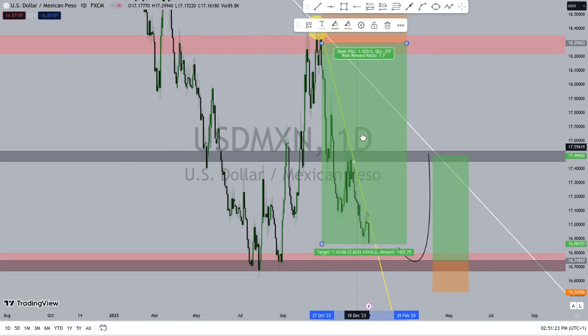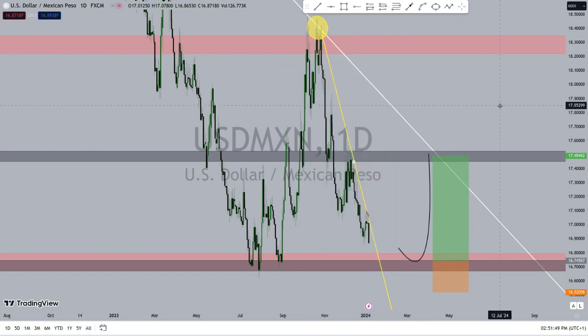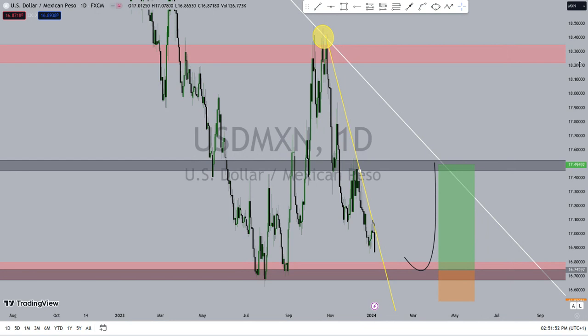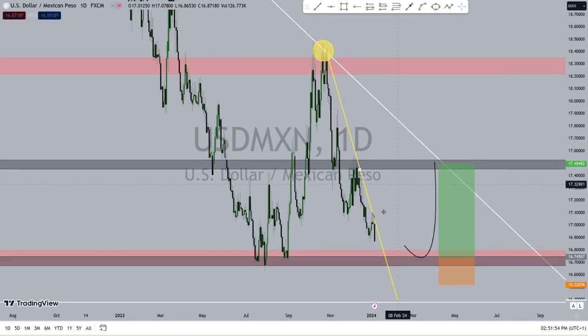This is over 297 pips and still yet to complete. Oh sorry, this is over 1474 pips. So for USD against the Mexican peso, we are looking for a long position right about this region.